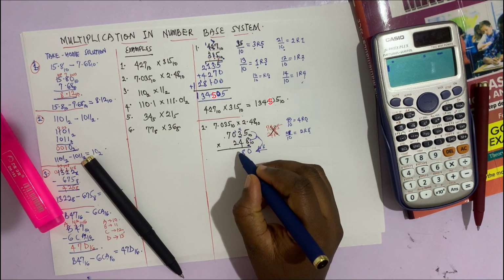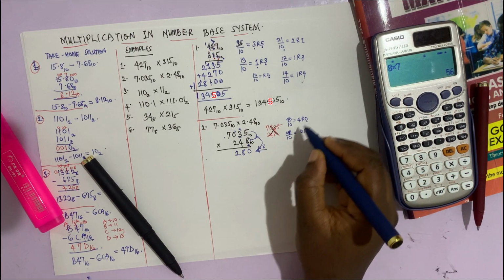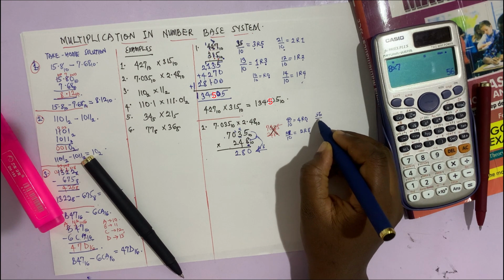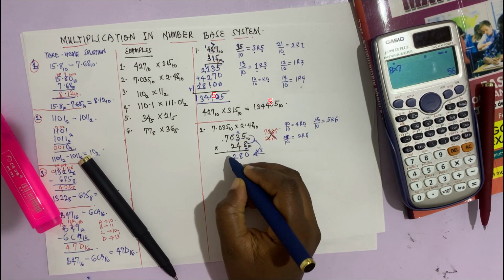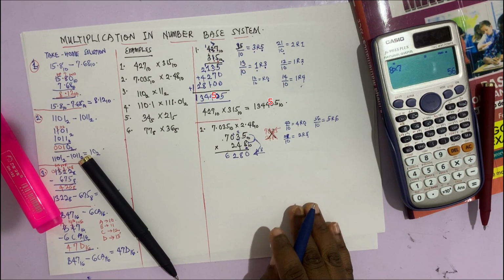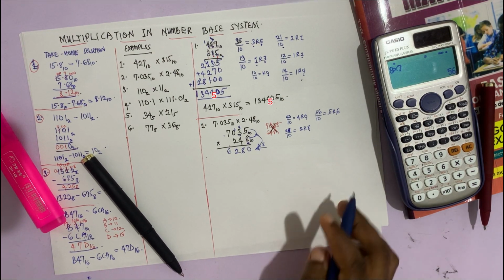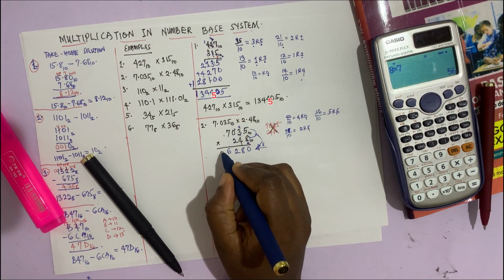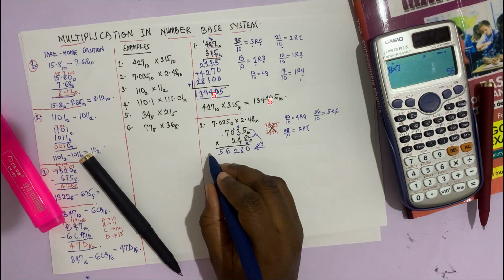So 0 plus 2 will be 2. 8 times 7 will give us 56. So 56 is greater than base 10. So 56 divided by 10, that's 5 remainder 6. So we would write 6 and carry the 5. Since there is nothing else, we write the 5. That's the first layer.